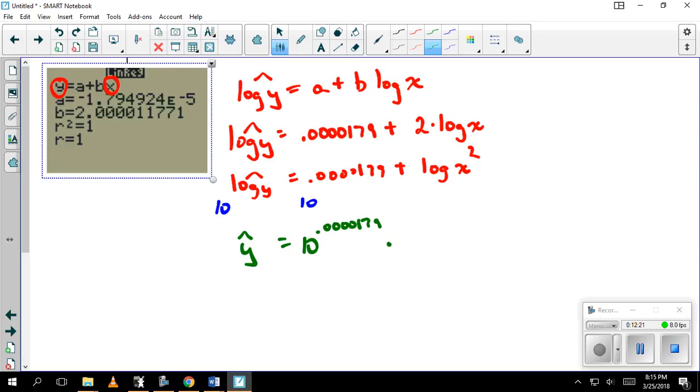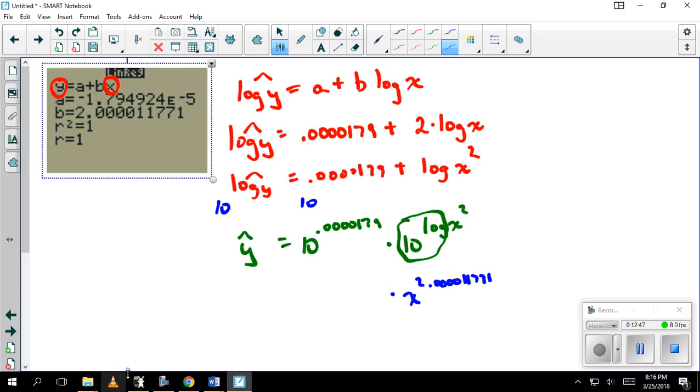179 times 10 to the log x squared. Now the 10 to the log x, this part here, goes away, and I've just got x to the 2.000011771. And then this other part, 10 to that number.